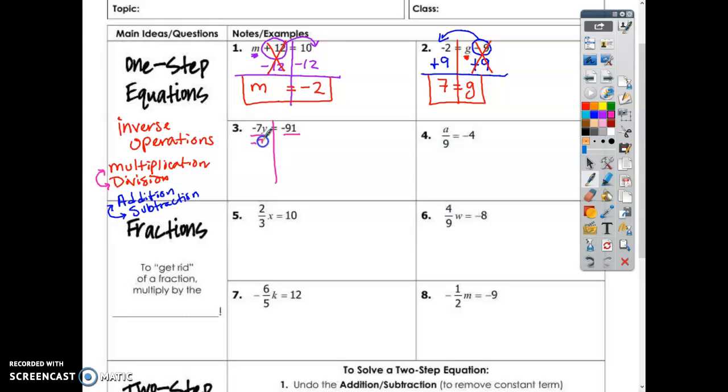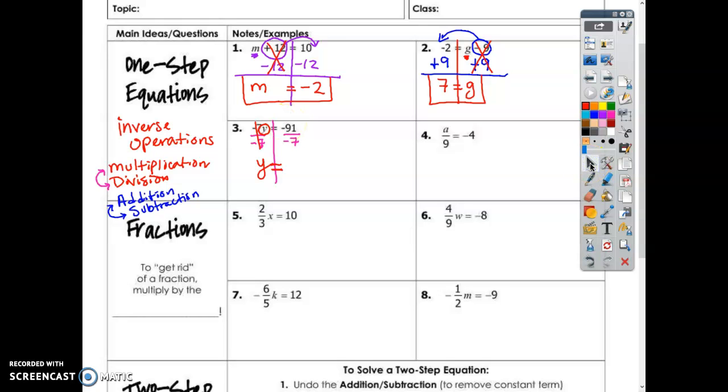So negative 7, negative 7. In Desmos, you're going to divide so that it can get rid of this negative 7. When you get rid of the negative 7, now you just have y left over equals whatever answer you get in Desmos.